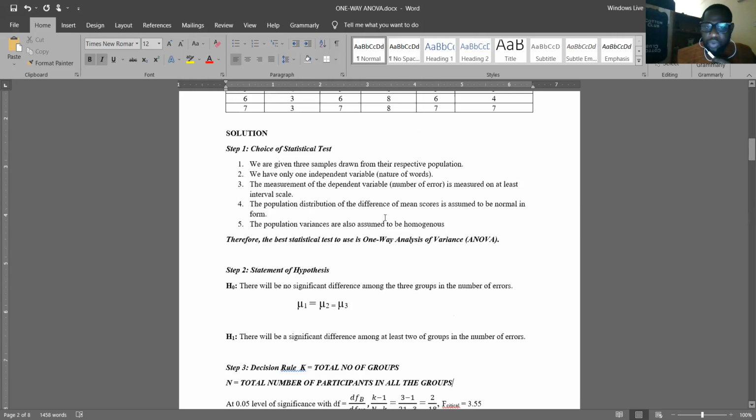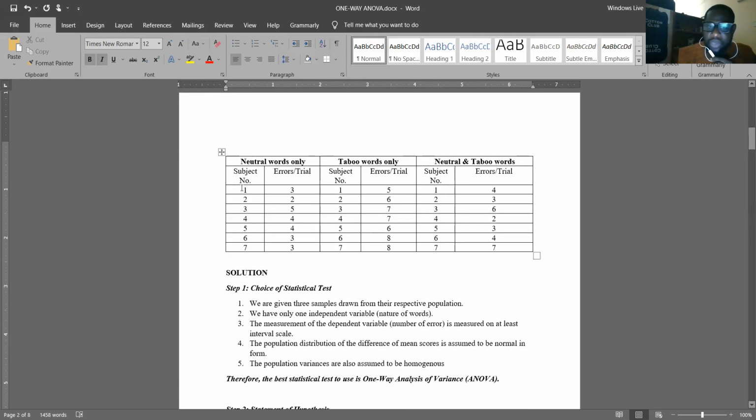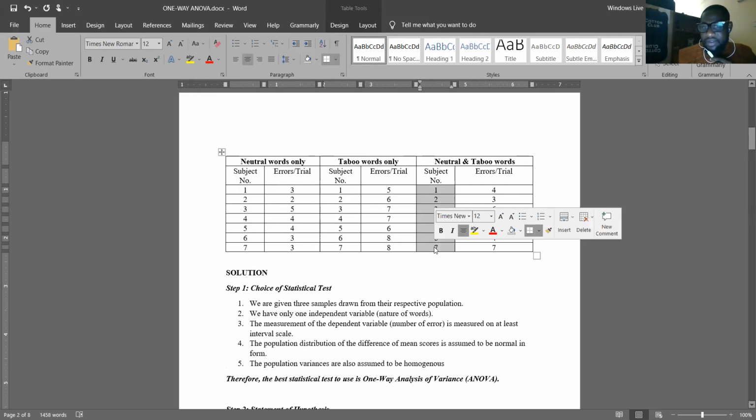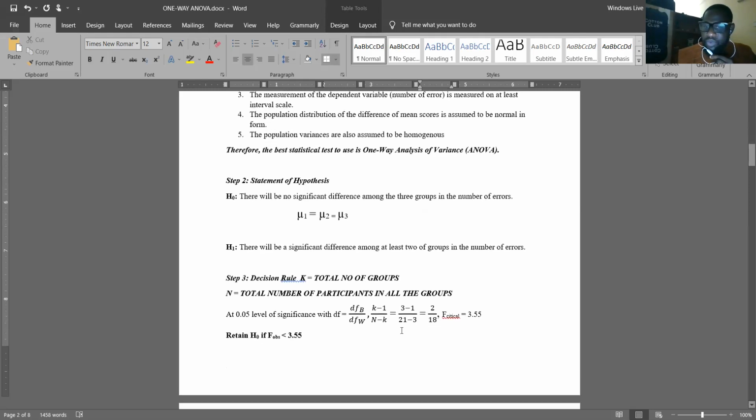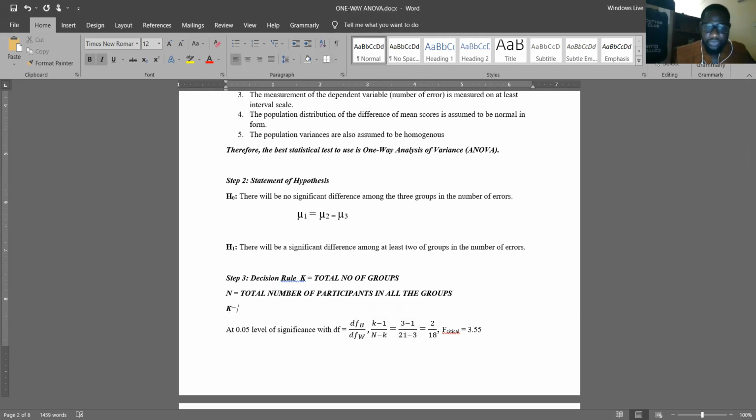When you check the table, you could see that neutral words only had 7 participants. Taboo words also had 7, and both also had 7. So our big N will be 7 plus 7 plus 7, and that will give you 21. For us to solve the degree of freedom, it will be 3 minus 1 over 21 minus 3, because we had K equal to 3 and N equal to 21.